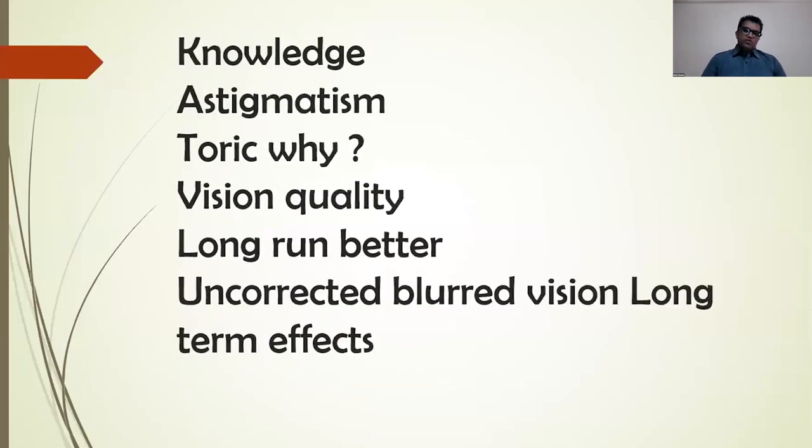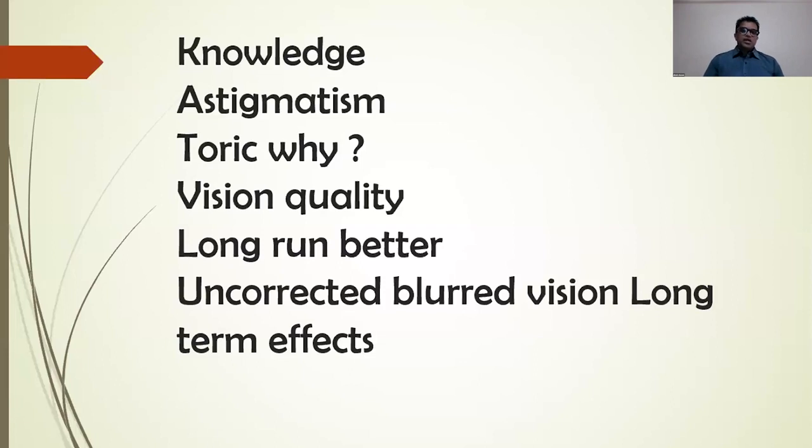So let's go back to how you should build up your confidence. Knowledge is very important. You should know what astigmatism is. If a patient is asking, sir, what is astigmatism? You should be able to say that the curvature is slightly uneven in your eye, and you should be able to tell why you are using a toric lens, and why not a spherical lens.